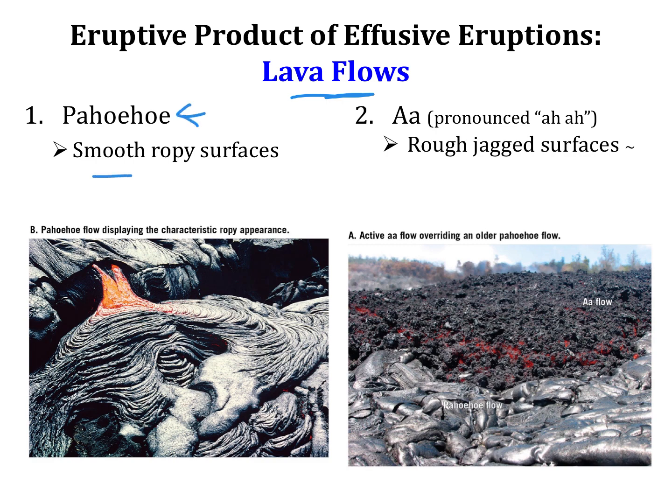It has a very smooth, ropey surface, as you can see down in this photo. And then we have an aa flow, which has a very rough, jagged surface, as you can see here. This one down here is a pahoehoe flow, so the aa flow here is sort of flowing over an older pahoehoe flow.